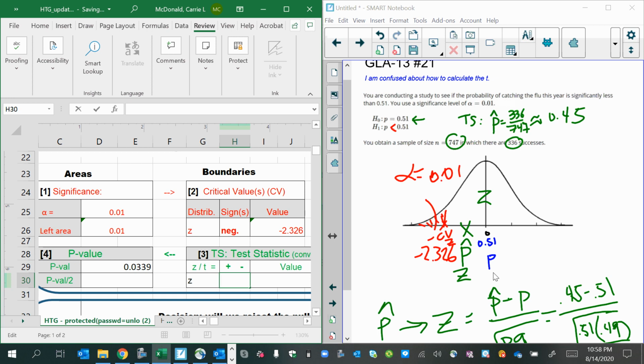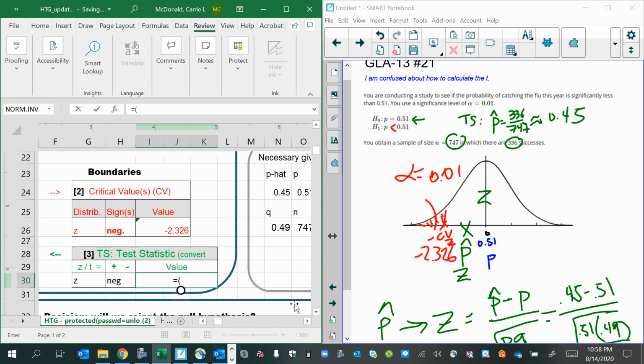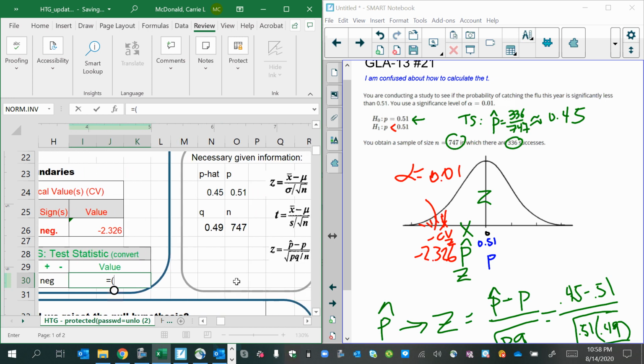It's going to be negative because my p hat is below the proportion p, so negative. And the value we will calculate using p hat minus the population proportion that we're assuming to be true unless proven otherwise, or unless evidence is presented that convinces us it's possible that it's not.